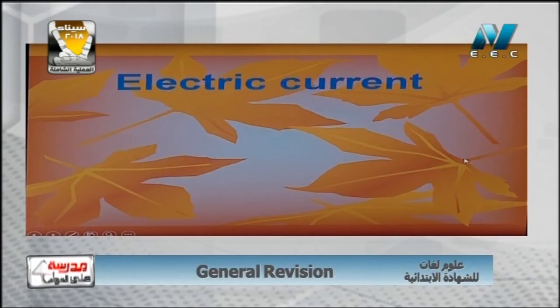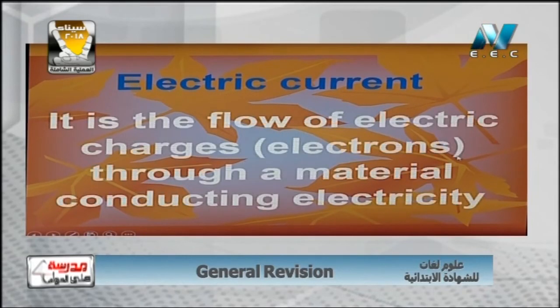Electric current is the second definition in our curriculum, in our syllabus. How can we define the electric current? It is the flow of electric charge or electrons through a material conducting electricity, not in any material.